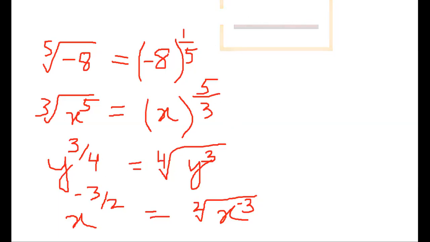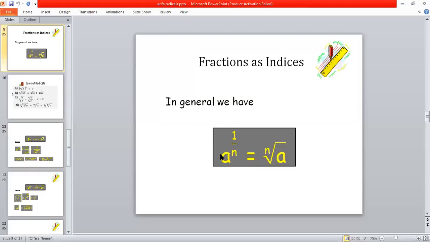Now again we will go to our slide. Here we have previously discussed a few examples related to this, how to convert a radical into exponential or exponential into a radical.